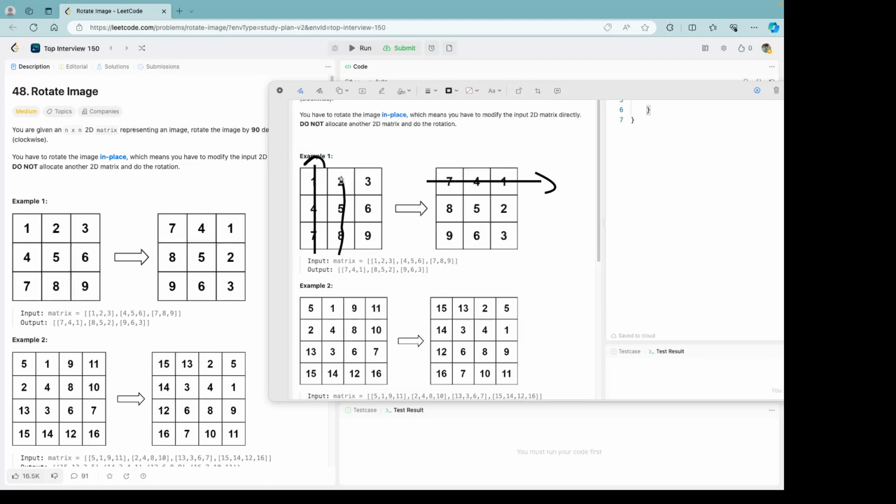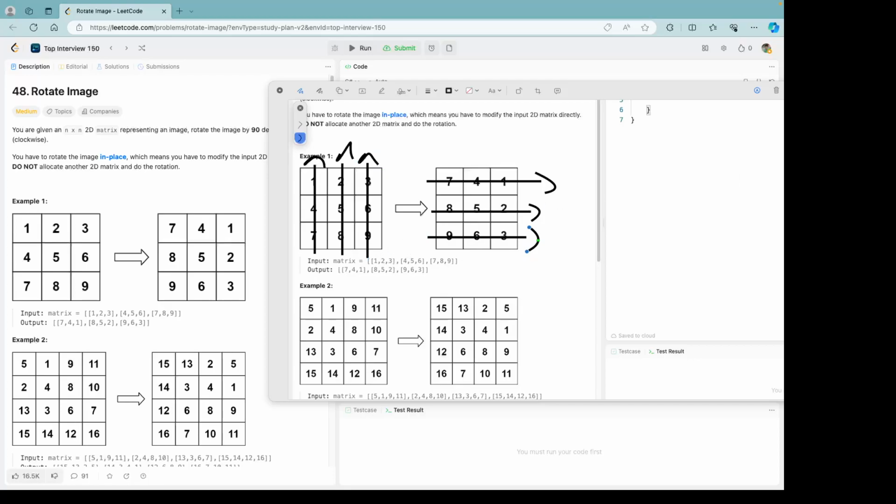The next column from bottom to up should become the next row from start to end. And the next column from bottom to up should become the next row from start to end.